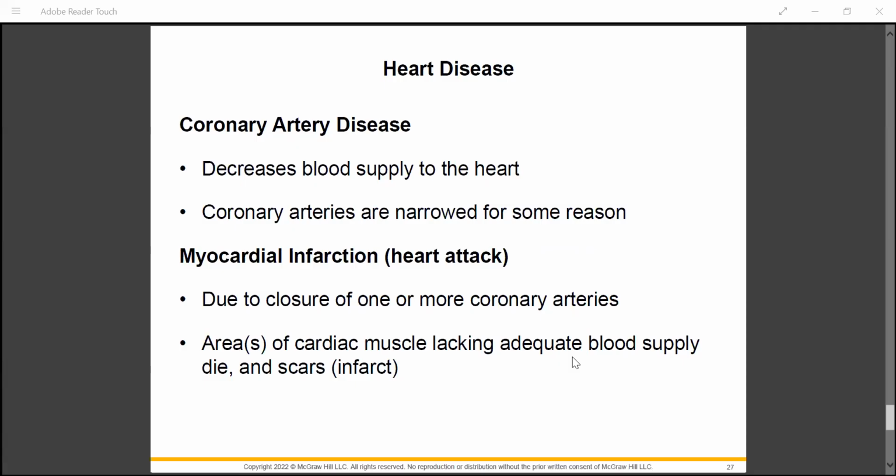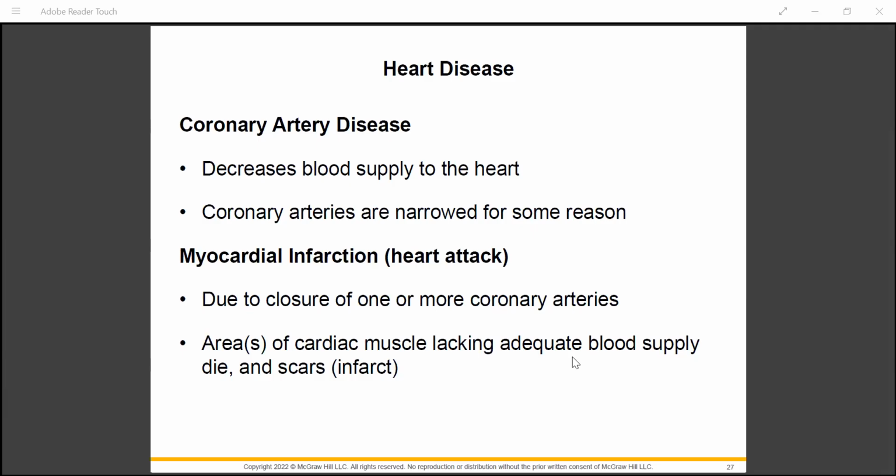The last thing we're going to touch on is a couple different heart diseases. So coronary artery disease is going to be a disease that decreases the blood supply to our heart because our arteries are narrowed. Sometimes this can be due to diabetes, from the influence of too much sugar on our arteries.